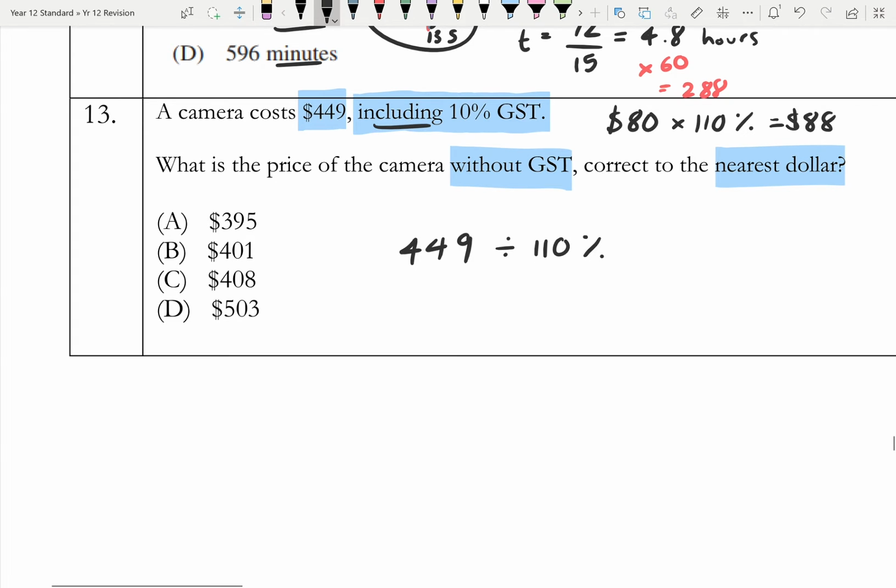You can type that in like that into your calculator and it should check out. It should give you 408.18, and so on. Again, the closest option clearly matches up with C, which is 408. If you didn't have multiple choice, you need to go to the nearest dollar. So no cents, nearest dollar, that's closer to being $408.